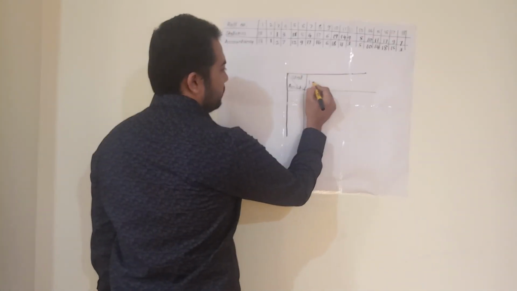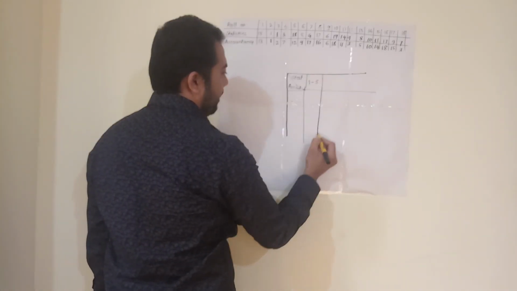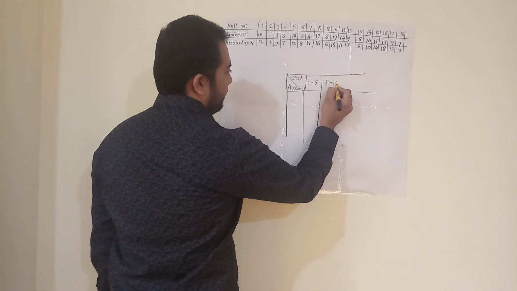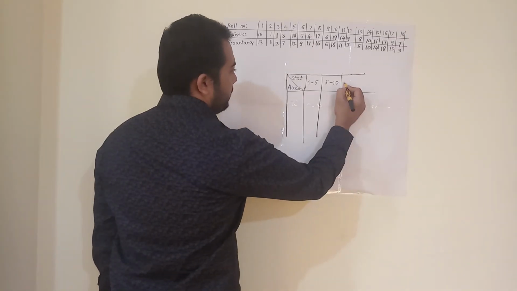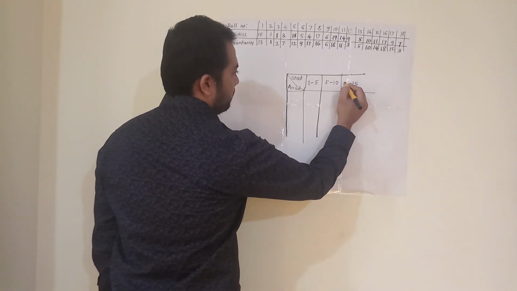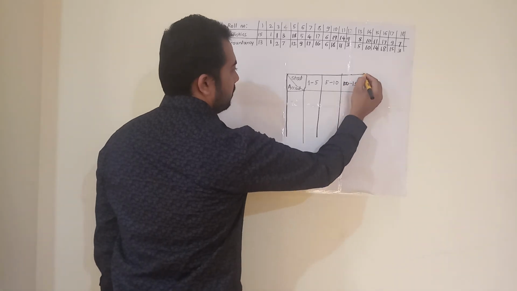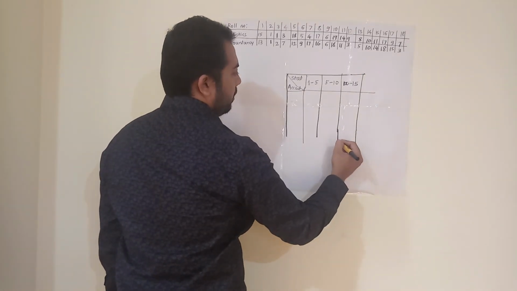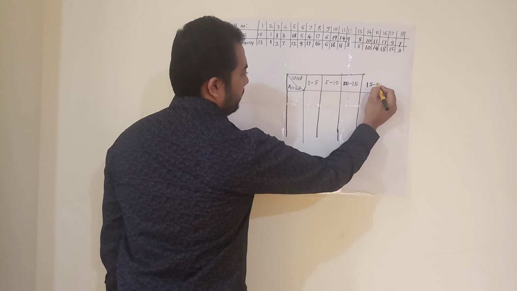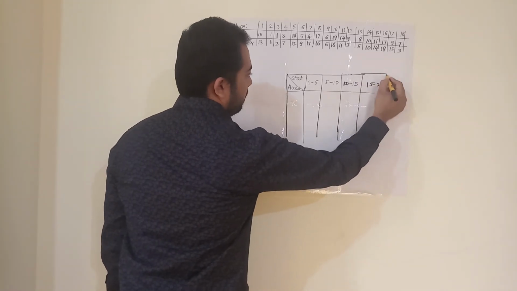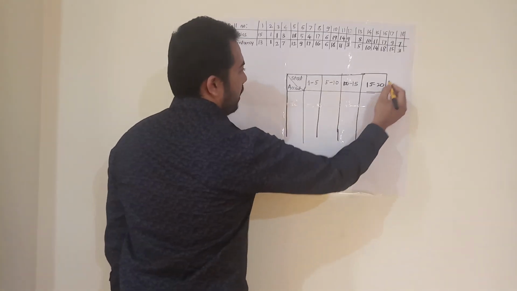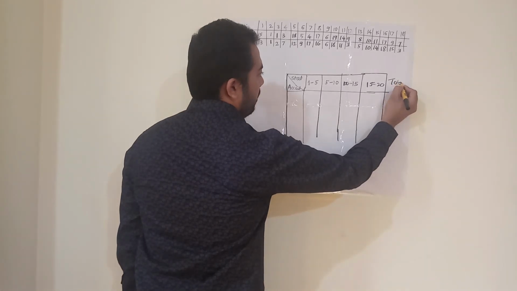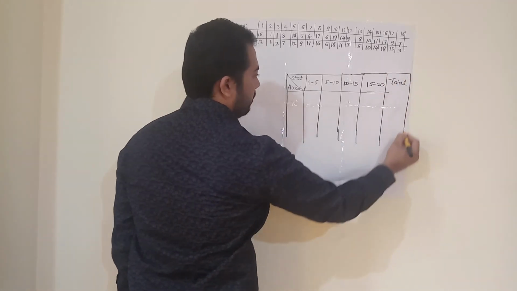First is 1 to 5, then 5 to 10, then 10 to 15, and then 15 to 20. And here I will have a column called total.